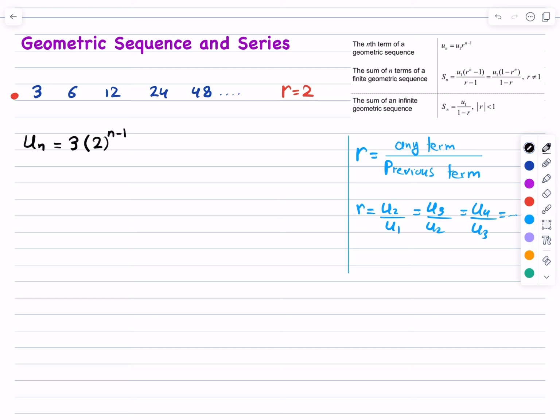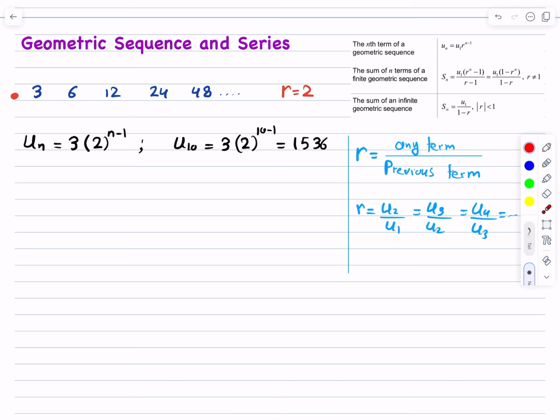Let's find it now in our example. If we need to find the 10th term, we replace every n here by 10. So we will have 3 multiplied by 2 to the power of n minus 1, which is here 10 minus 1, or 9. And this will be 1536.